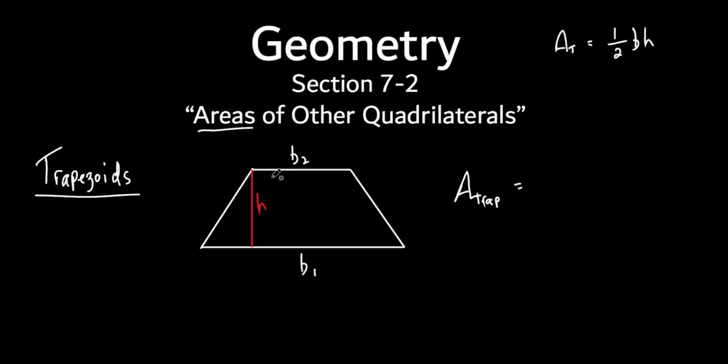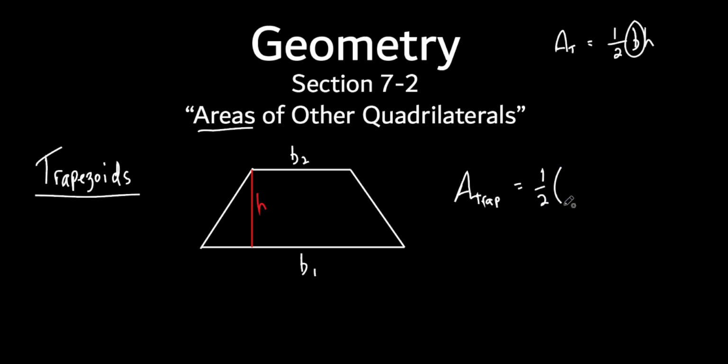So if I would have taken this base and put it right here, what you would do is you'd add up the bases. But instead of having one base, how many does it have? It's got 2 of them, and what are you going to do with those 2 bases? Add them up, and that's it.